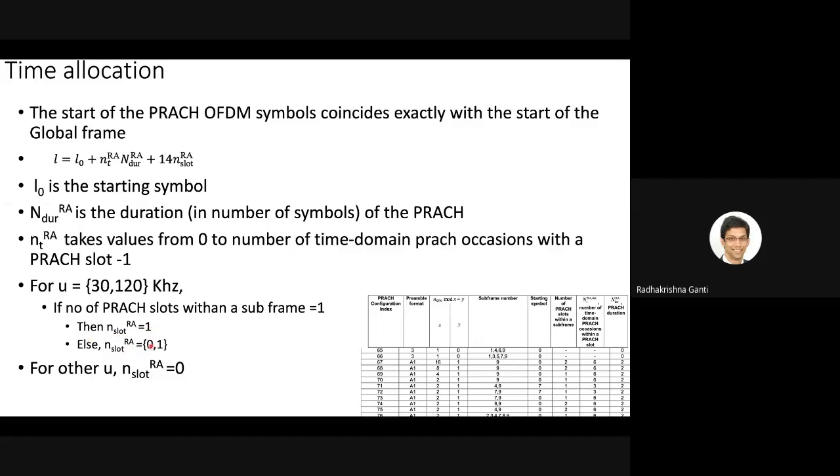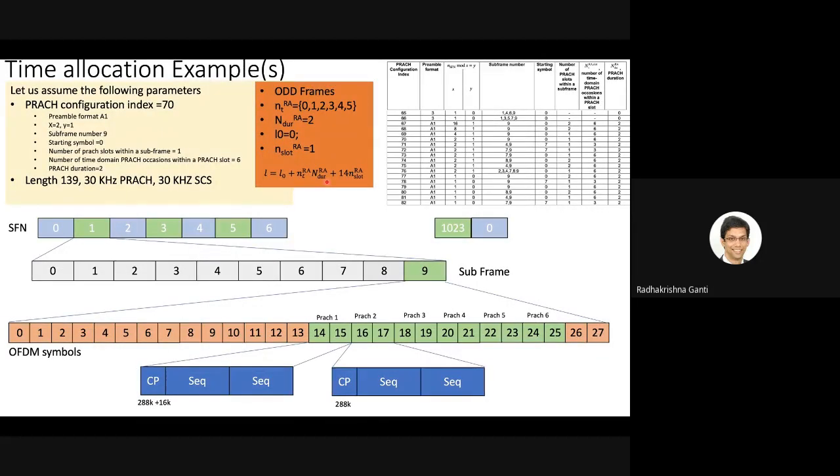If it is not 1, then it's equal to 0, 1. So there's a formula for that. When it becomes 1, it is there in the second slot. You have to put it in the formula for L. L is the starting OFDM symbol number, so when N_slot^RA is equal to 1, it becomes the 14th. So from the 14th OFDM symbol it starts, which is the second slot. You have 1st PRACH occasion, 2nd, 3rd, 4th, 5th, and 6th PRACH occasion.